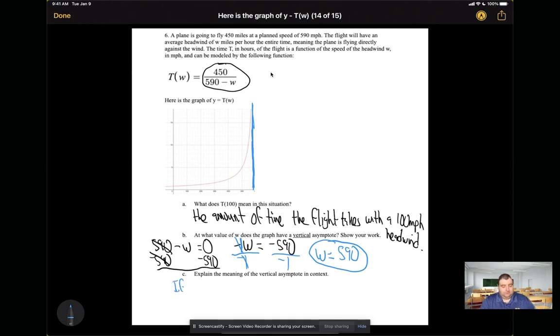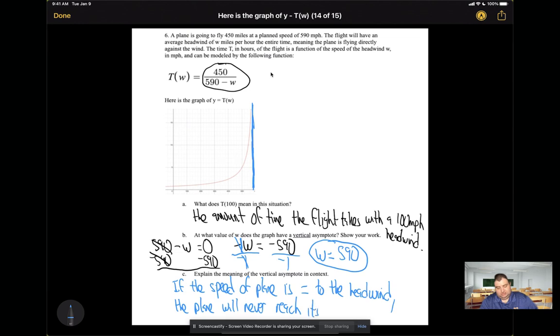So if the speed of the plane is equal to the headwind, the plane will never reach its destination.